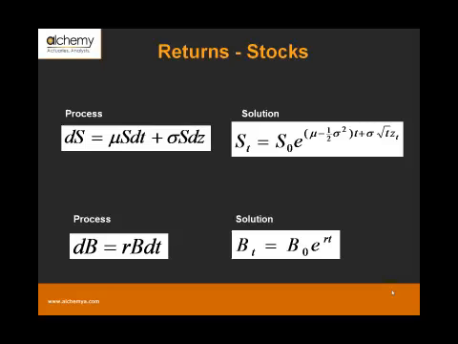the expected return of the process, the expected return on the underlying security, is a function given by mu minus half sigma squared. Not just mu times t, but mu minus half sigma squared times t. This minus half sigma squared times t is also known as volatility drag.